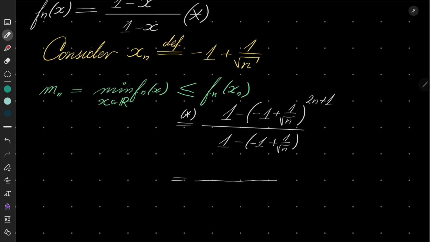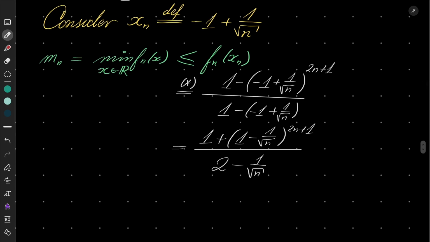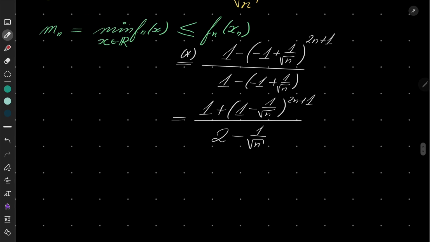First of all, in the denominator, I will have 2 minus 1 over square root of n. In the numerator, and because my exponent is odd, I can write everything in this form: 1 plus (1 minus 1 over square root of n) to the power 2n plus 1. And now the part which we are hoping will go to 1/2. This sequence will go to 1/2.